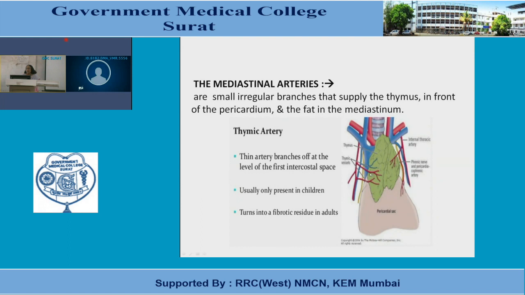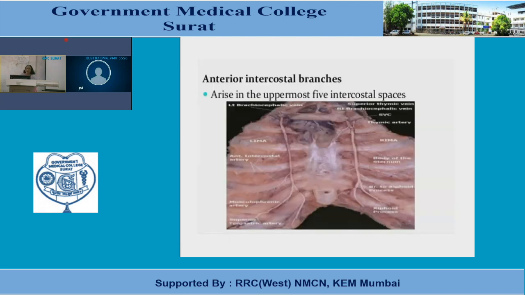So the thymic vessels are visualized here. Anterior intercostal arteries are important branches of the internal thoracic artery, arising in the uppermost 6 intercostal spaces. In the given diagram you can see the anterior intercostal spaces. In each space there are 2 anterior intercostal arteries.